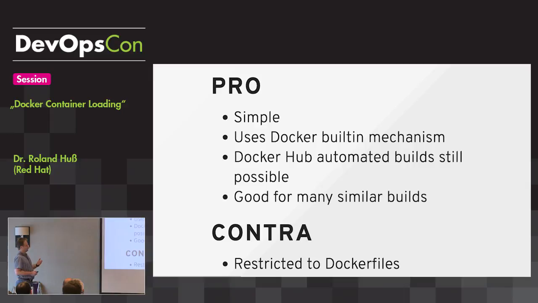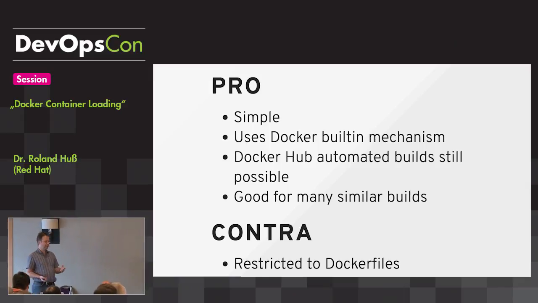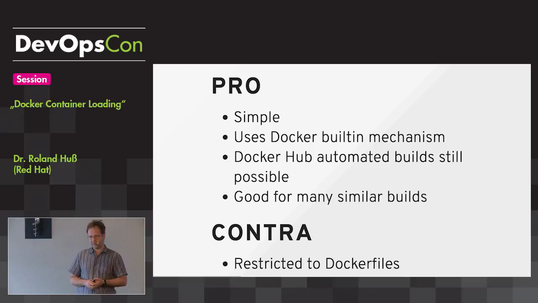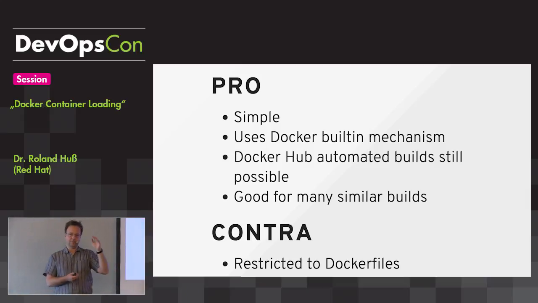So, what are the advantages of this approach? First of all, it's quite simple. You have some text files, you have some replacement. Of course, you need to dig a little bit into the configuration syntax and the templating syntax, but otherwise it's easy to grasp. At the end, it uses Docker's built-in mechanism. So at the end, we have a Dockerfile, and then you can start. You can put this on Docker Hub.